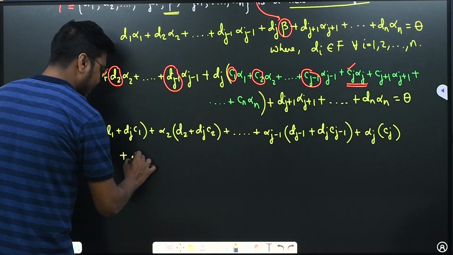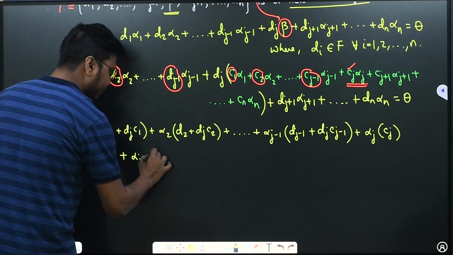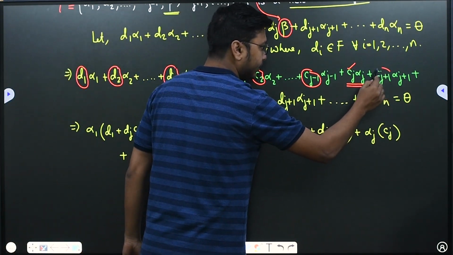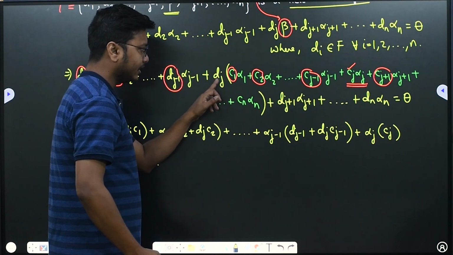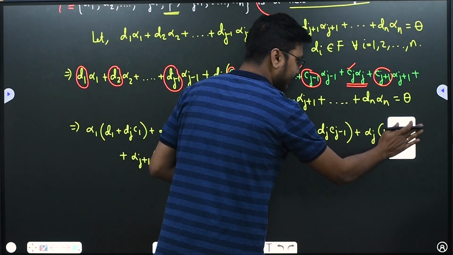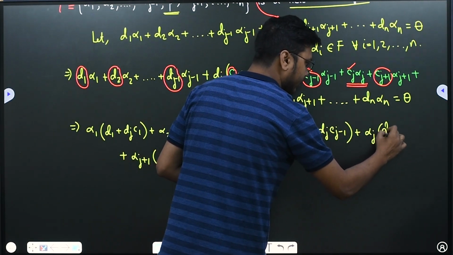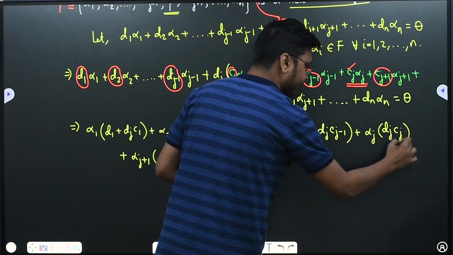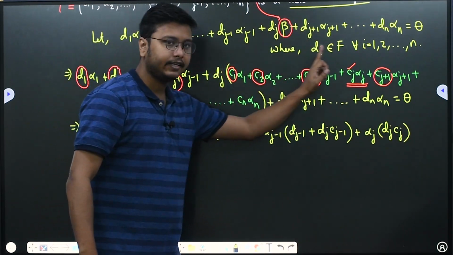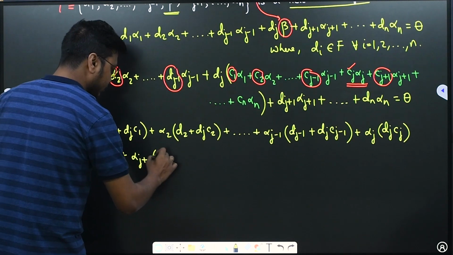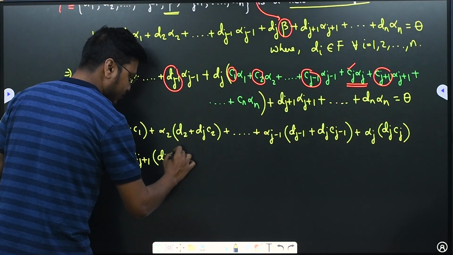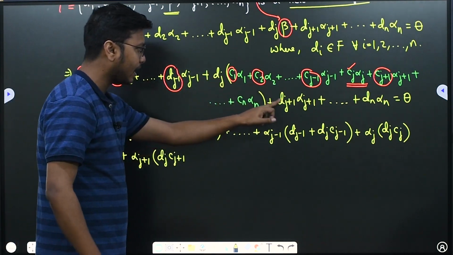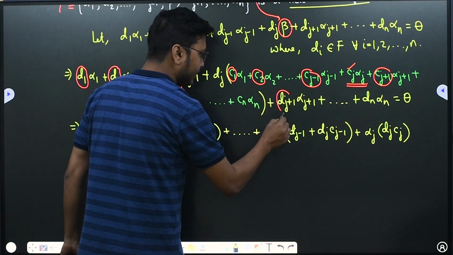So the moment I come to alpha j plus 1, now again I have over here dj into, I missed the dj outside over here. I missed the dj. It should have been dj cj. So dj into cj plus 1, and outside I have dj plus 1.